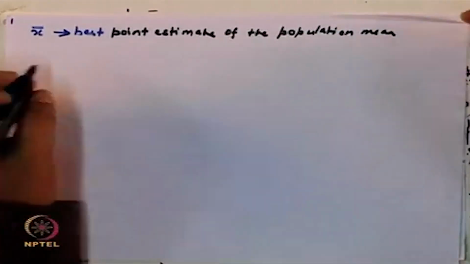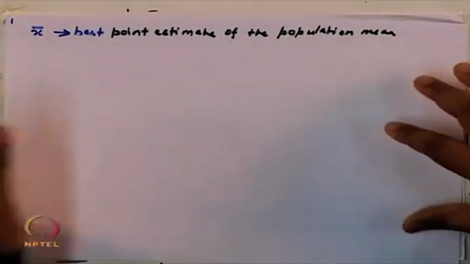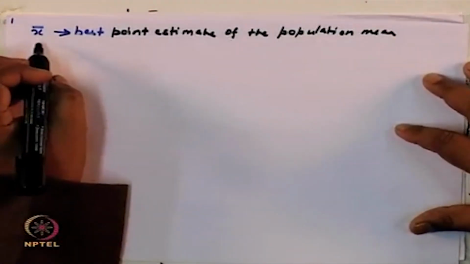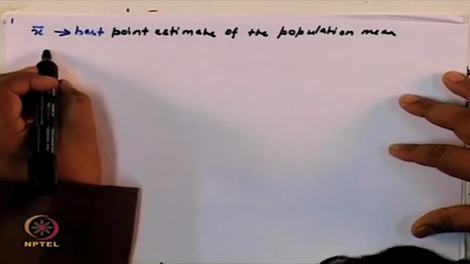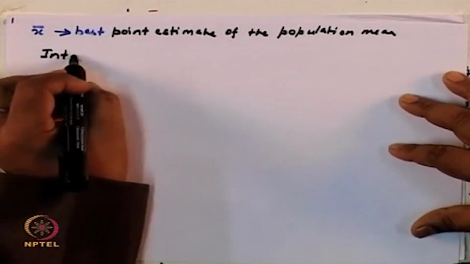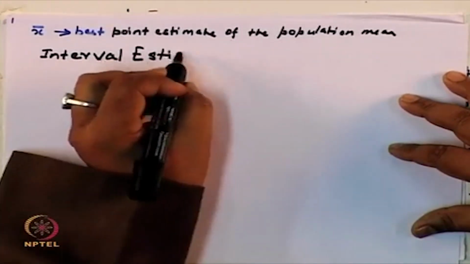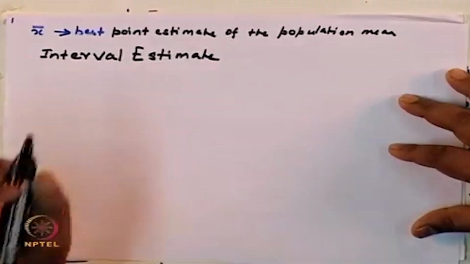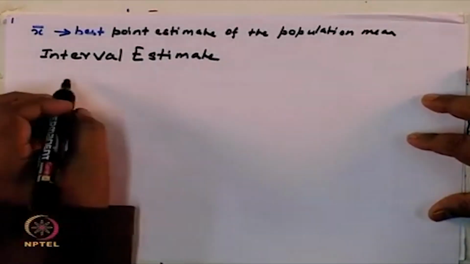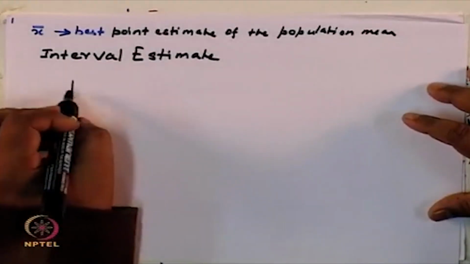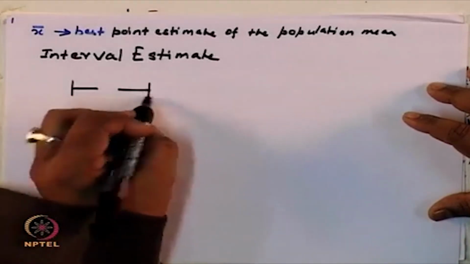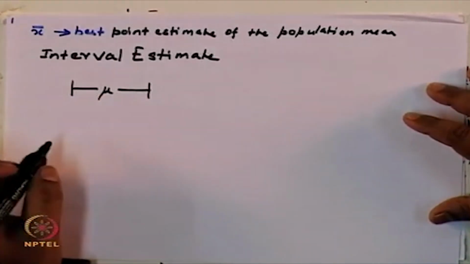So, what is the point estimate and interval estimate? An interval estimate prescribes a given range within which your mu is supposed to lie.